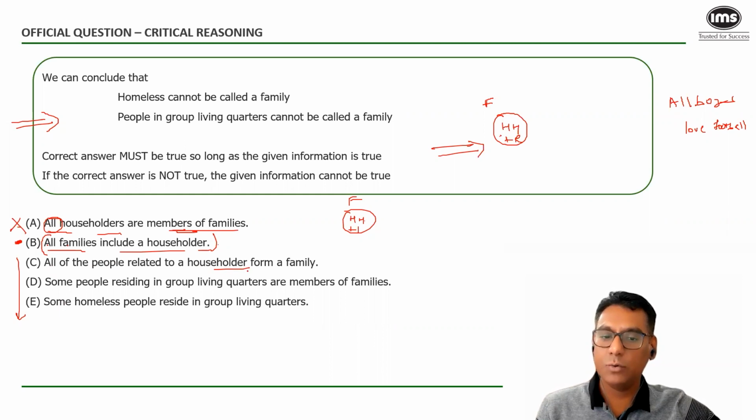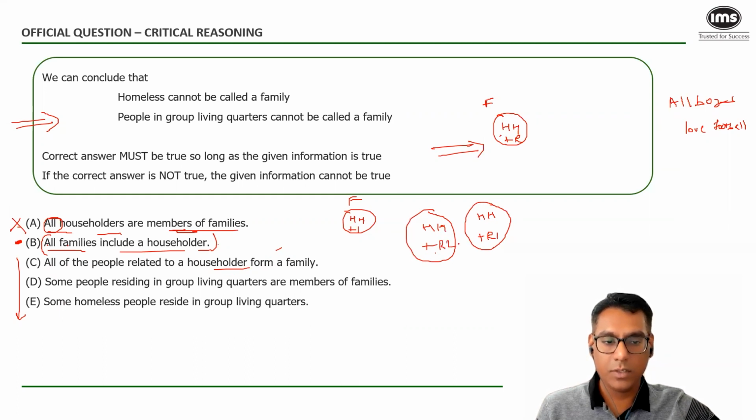All of the people related to a householder form a family. Should that be true? Let's say I have a householder here, he's living with one relative here. Maybe he has another relative, but that relative may be living with another household. Let me call them R1, R2, right?